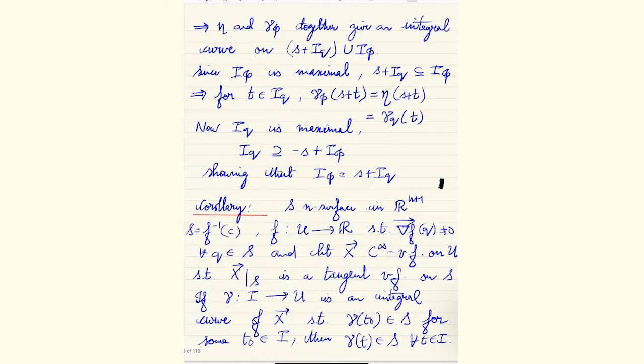Okay, so what is it that we have to show? We are given that at some point t naught, gamma t naught lies on the surface. We want to show that for every t, gamma actually lies on the surface. So the whole curve lies on the surface. Suppose not. So we prove by contradiction. So what does suppose not mean?